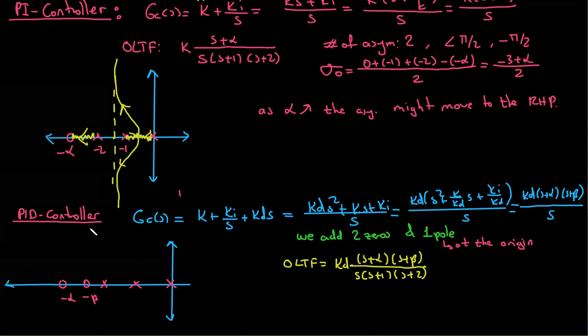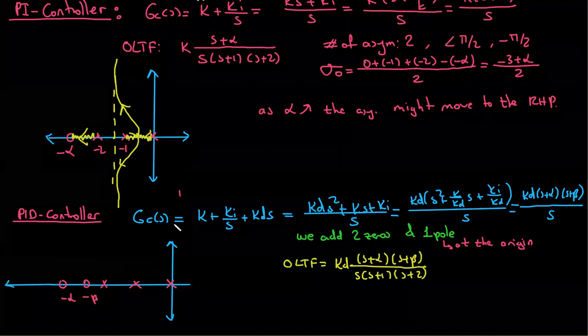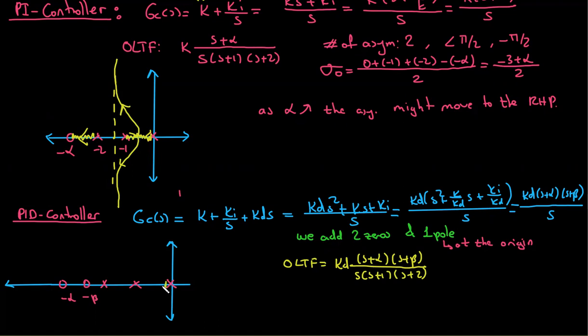And then let's try to plot the root locus for that. Which part of the real axis will be included in our root locus? This part will be included, that part will be included, and that part will be included. What is the number of asymptotes? It's equal to 3 minus 2, which is 1.